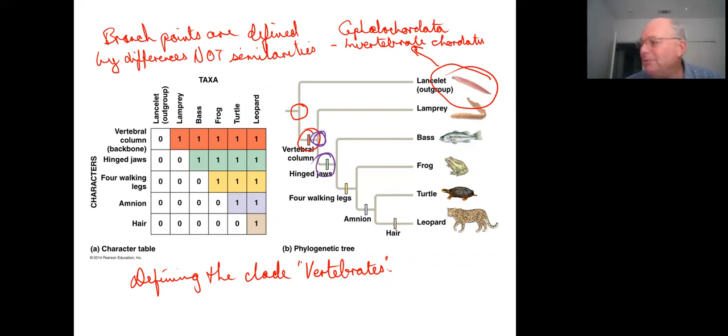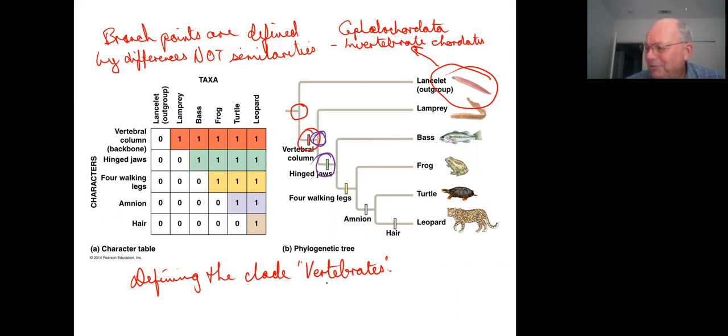And so when it comes to tetrapods, yes, the tetrapod condition begins to appear in fish, but if we're talking about tetrapod limbs, those are found in terrestrial tetrapods, not in aquatic tetrapods, fish. So we have another branch point, the presence of walking legs versus the absence of walking legs.